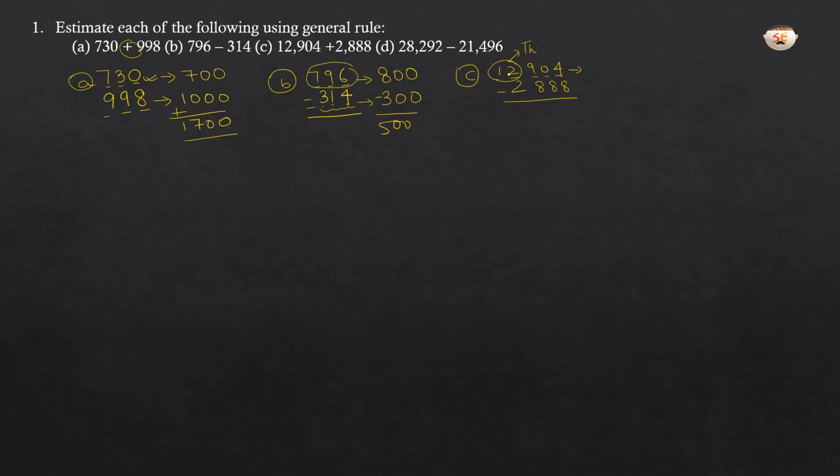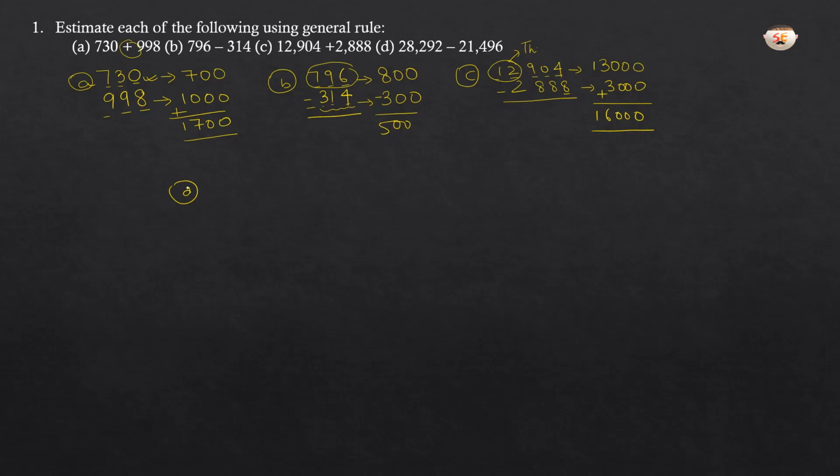So we will round off 12,904 correct up to its 1000th place. After rounding off 12,904 correct up to the 1000 place, we will get 13,000, and rounding off 2888 correct up to its 1000th place, we will get 3000. Then we will add these two numbers and we will get the final answer, that is 16,000.